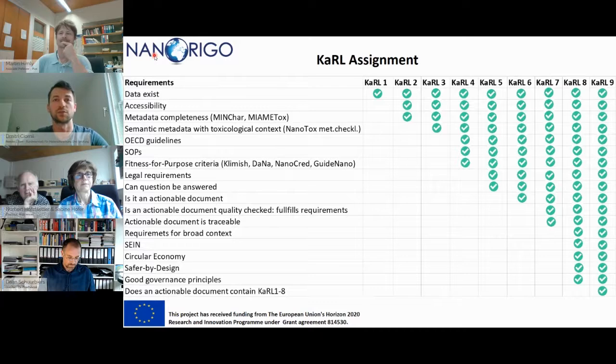After several steps of reviewing the information on toxicity and carcinogenicity of those nanomaterials from reliable sources, after several rounds of public discussion and other stakeholder discussions, the document containing all necessary information appears on the table of the European community, which will take a decision on new classification of this nanomaterial. Also, I mentioned here that such principles as circular economy and safe by design have also been addressed. So what KaRL do you think could be attributed to this situation?